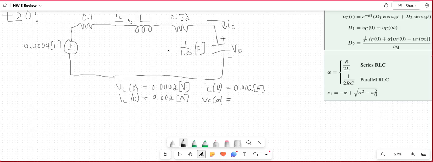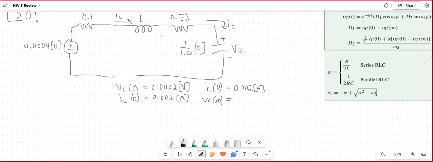So the thing you do with voltage sources: in the previous ones we've been doing, there hasn't been a voltage source connected to it after the switch flips.